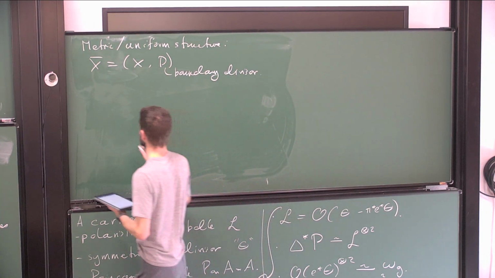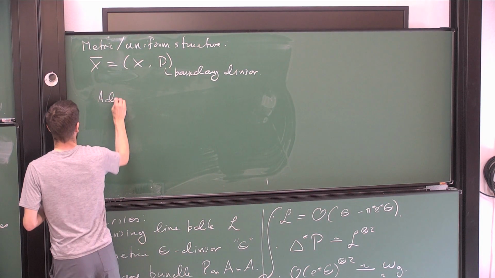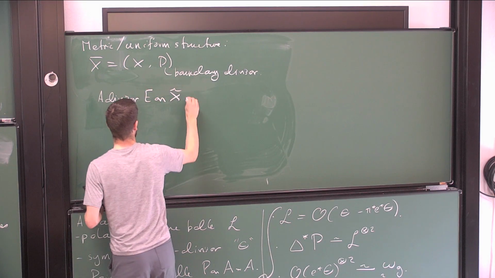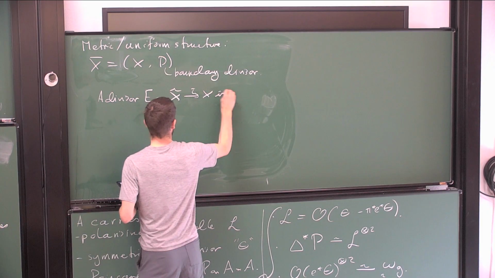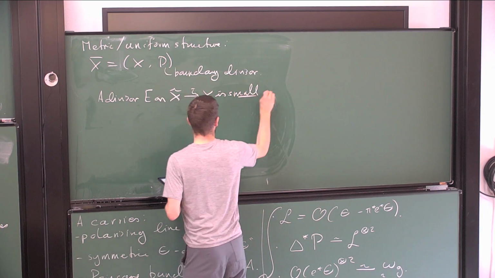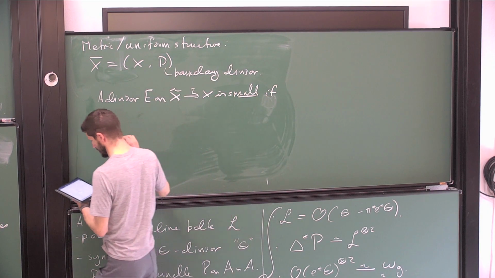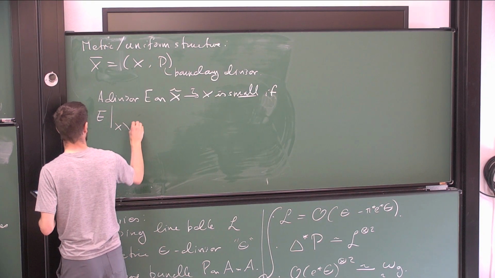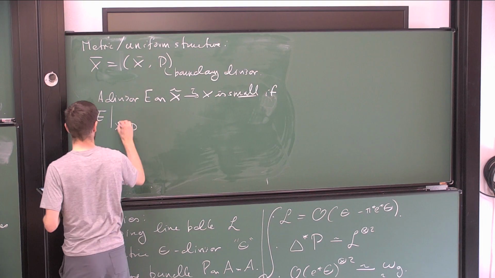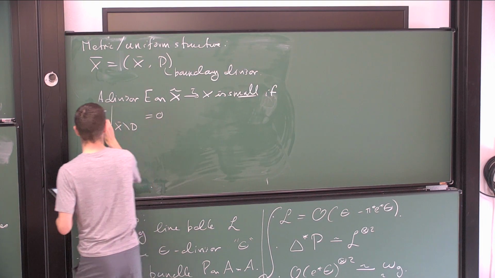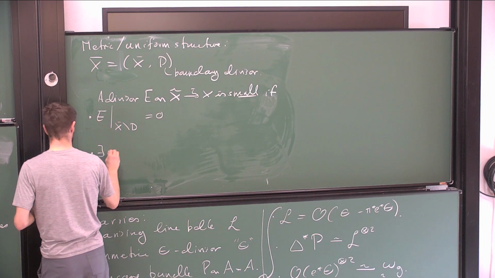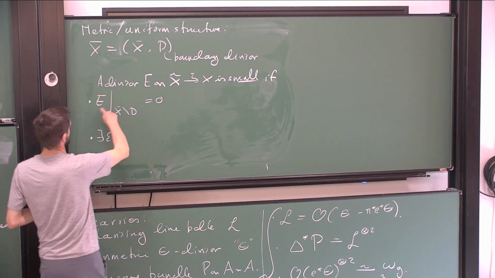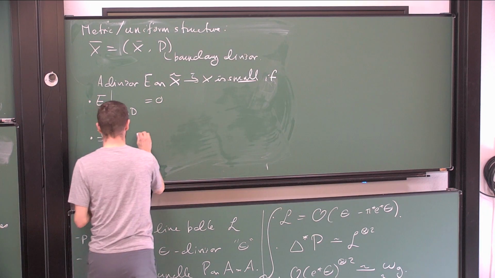Say a divisor E on some model X tilde is small if, on the one hand, E is fixed to 0 on the interior, on the other hand, it's basically sandwiched between the pullbacks of this guy.